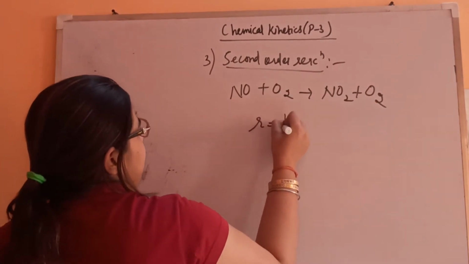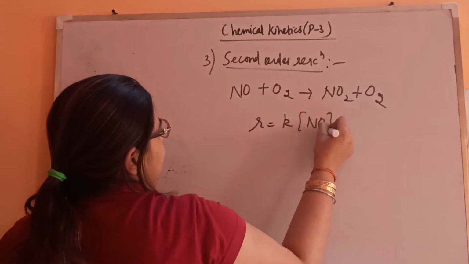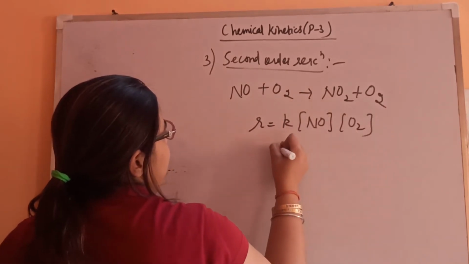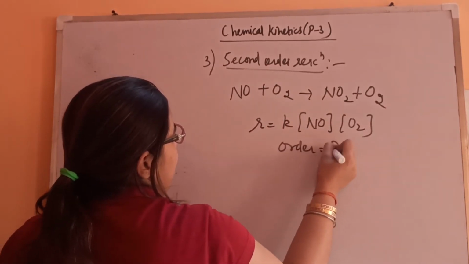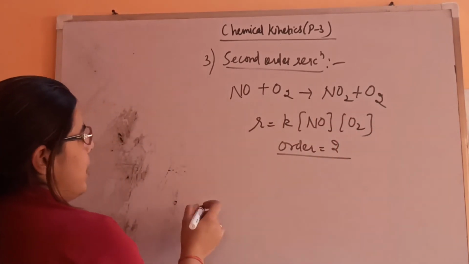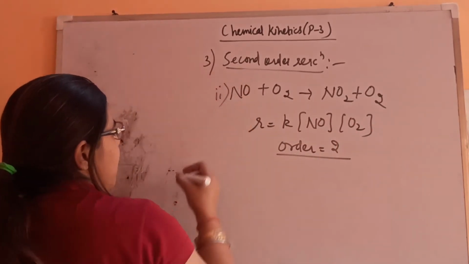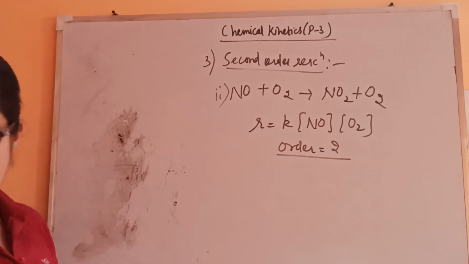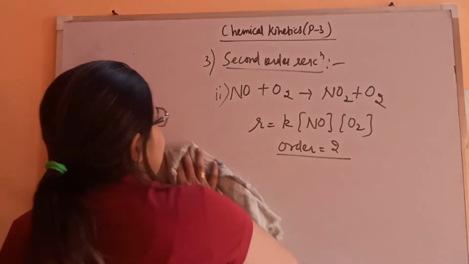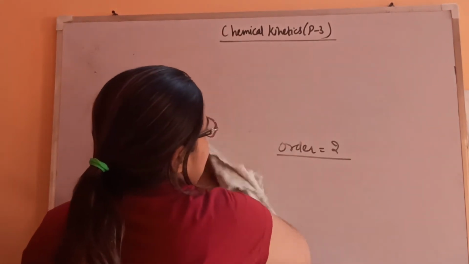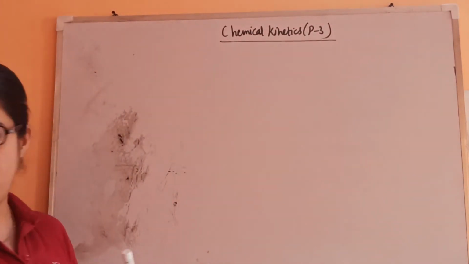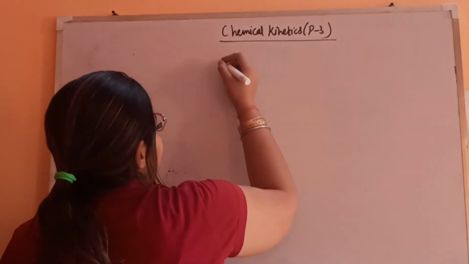So the rate is K[NO][O2]. So here the order is 2, again 1 and 1 with respect to each. So these are the examples. Now let's see the examples of third order reaction. And so on, so many examples are there. You just find them out. All these are experimentally determined orders.